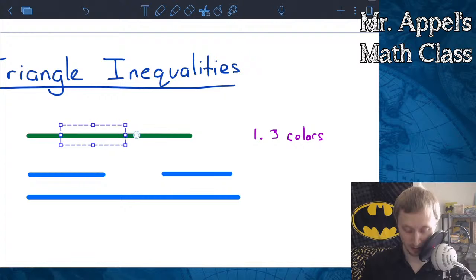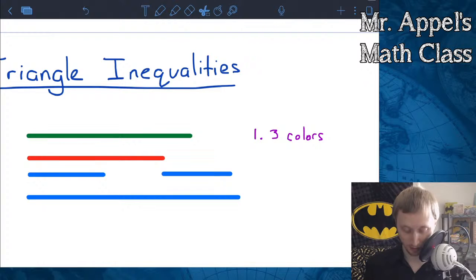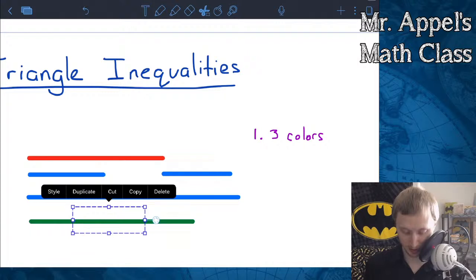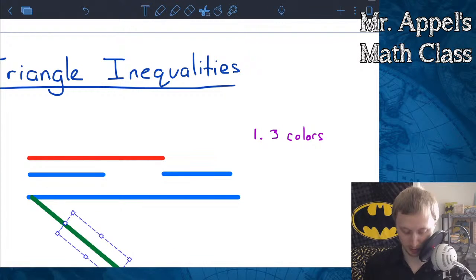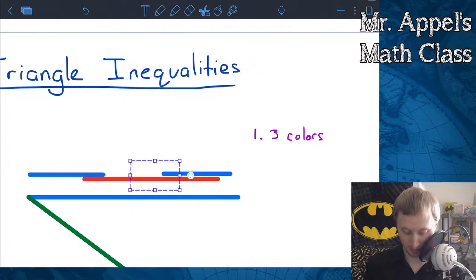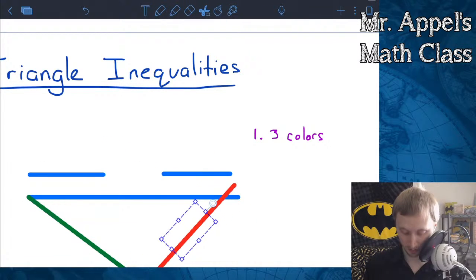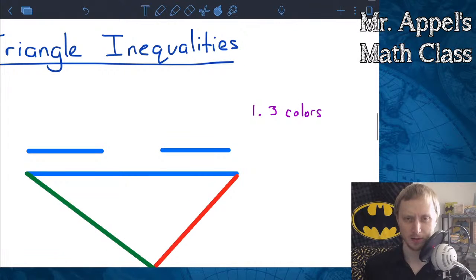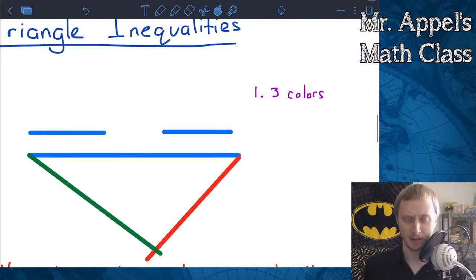How about with the long one? Let's see. I bring the green down here maybe, build off of it that way, and then the red one. I'm a little off screen there. Yeah, that's pretty close, right? We can agree I got close enough.